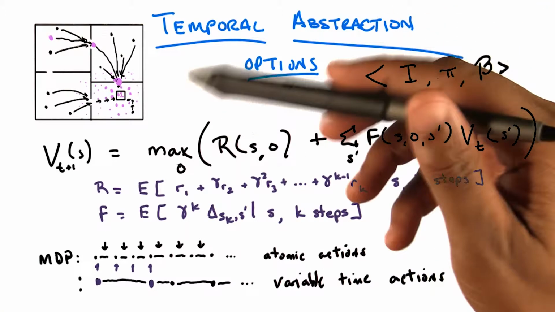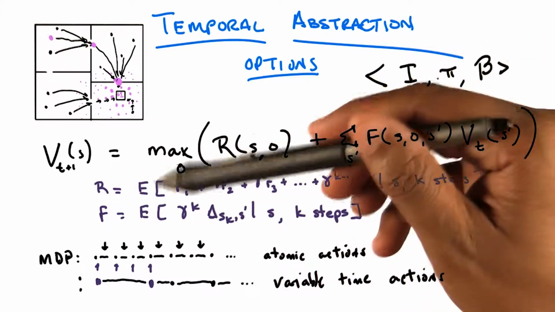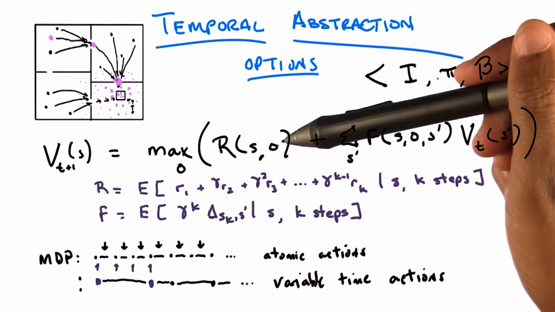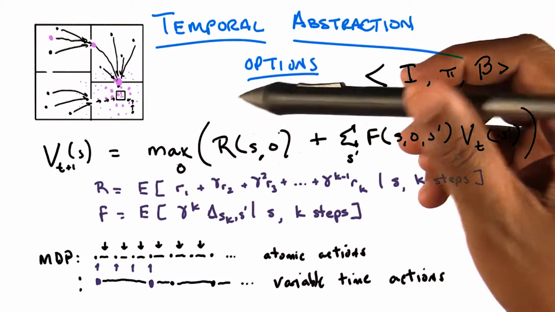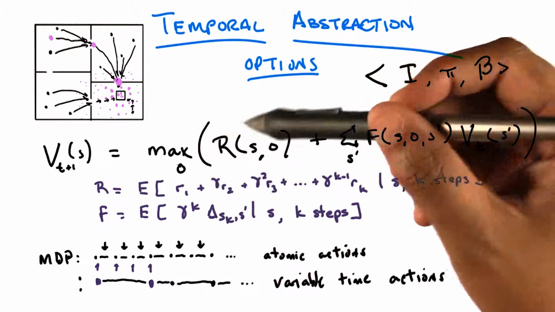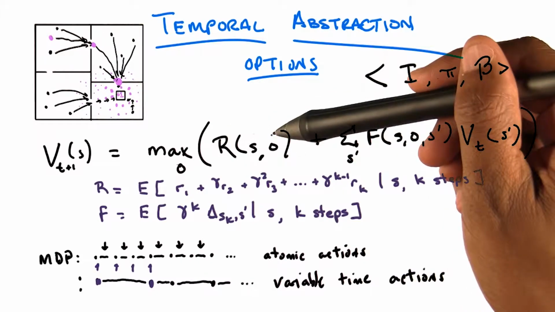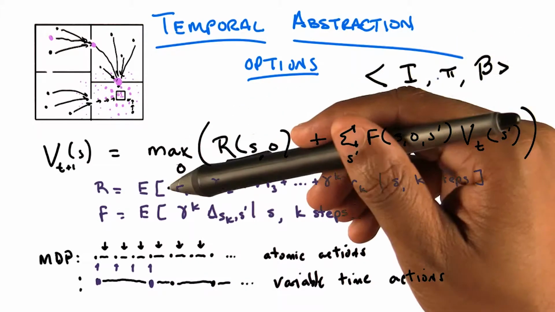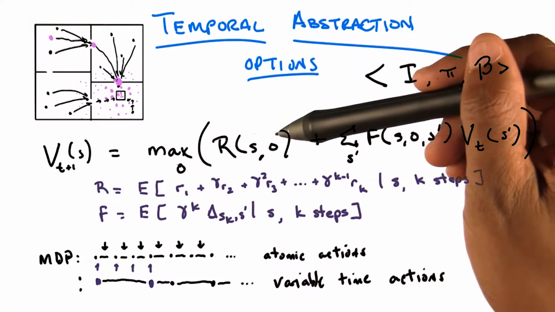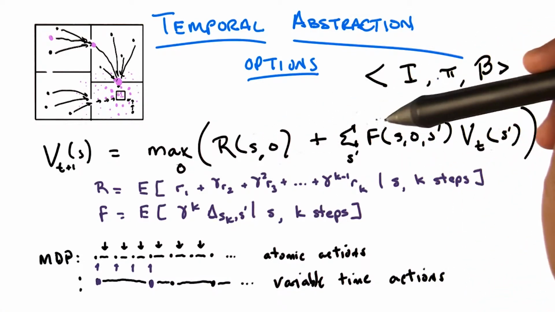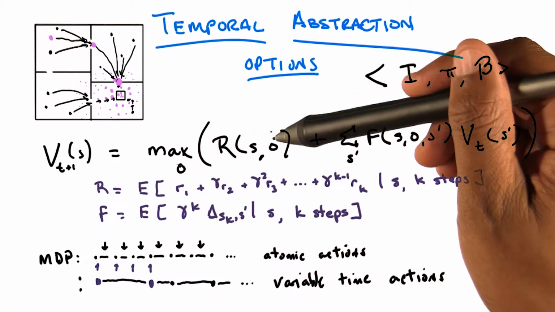Okay. Right. So in the end, both R and F are just expectations. They're exactly doing what they were doing in the original Bellman equation that we were using before. In the original Bellman equation, the reward was just the immediate reward that we got for taking an action. Here, the reward is an expectation over all the rewards that we're going to see given that we've taken this particular option.